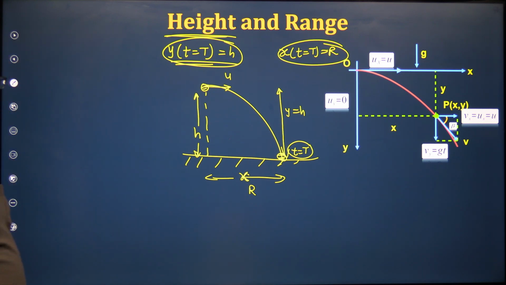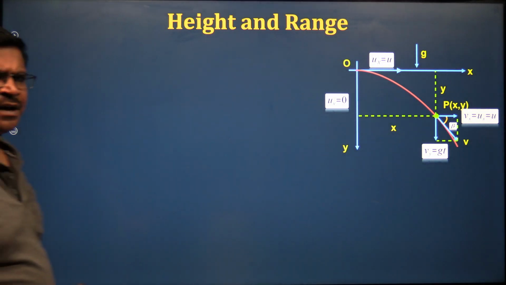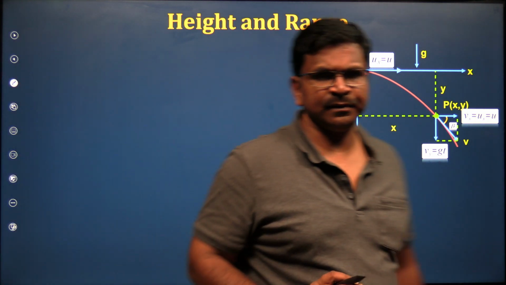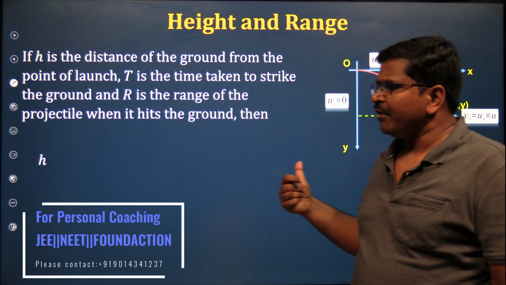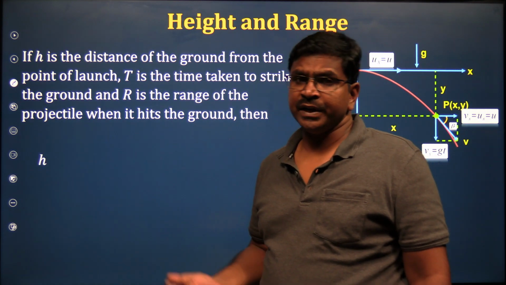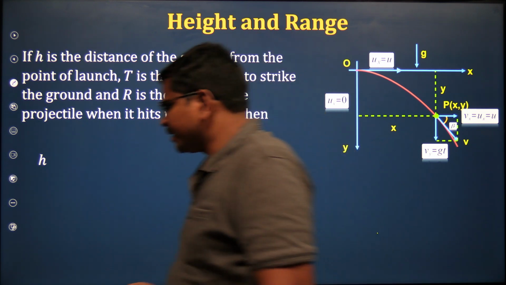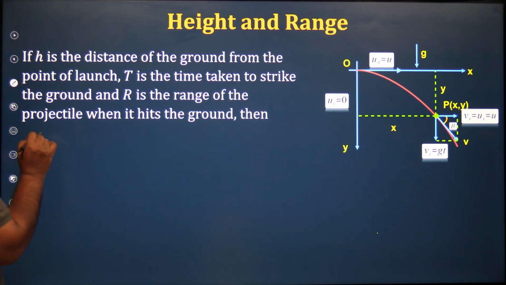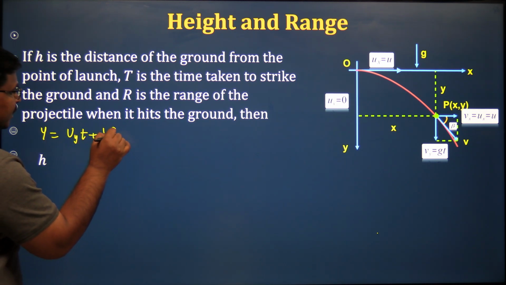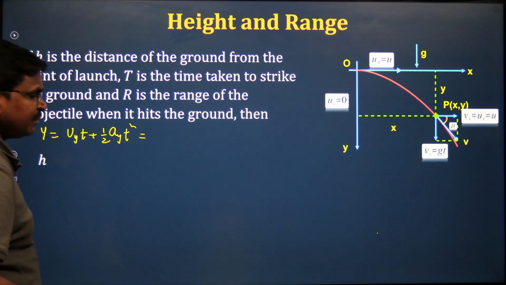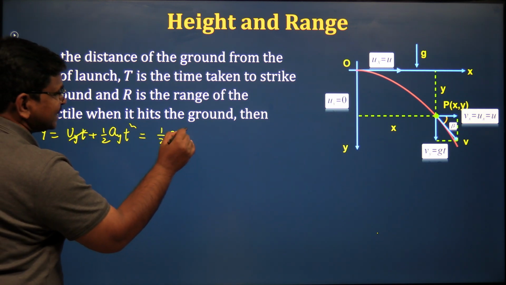So now I hope you can understand. By simple basic equations of motion we can get this. For the approach here, y equal to ut plus half at square, and y equal to uyt plus half ayt square, and it can be written as, uy is 0, half gt square.